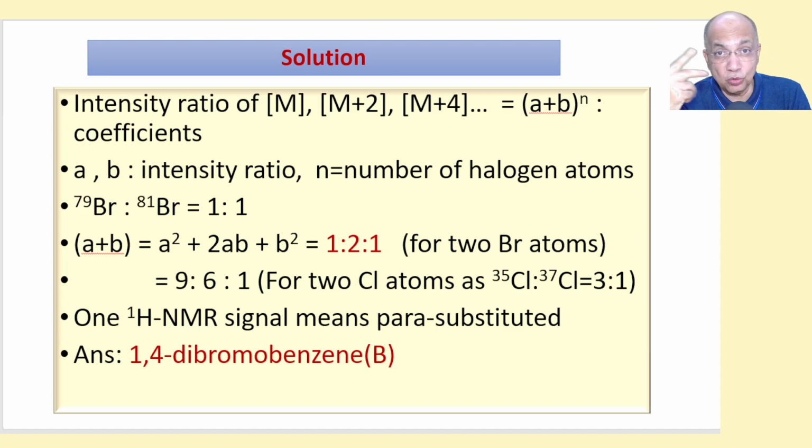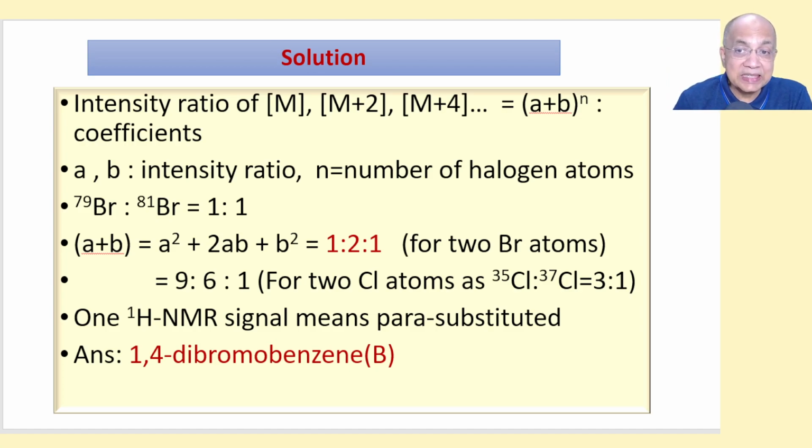But if there are 2 bromine atoms, the presence of 2 bromine atoms, both 81, in a molecule may be less in probability, but it is there. So you expect an M plus 4 peak also. If there are 3 bromine atoms, then in addition to M plus 2, M plus 4, you also expect M plus 6.